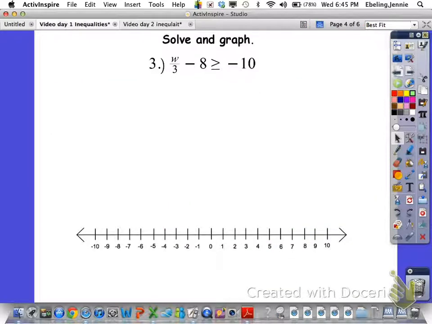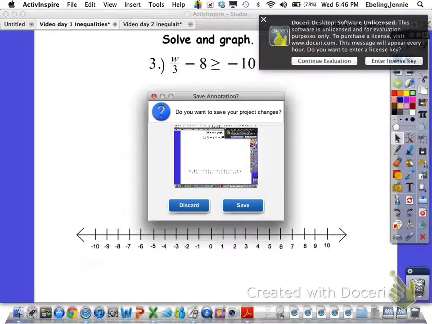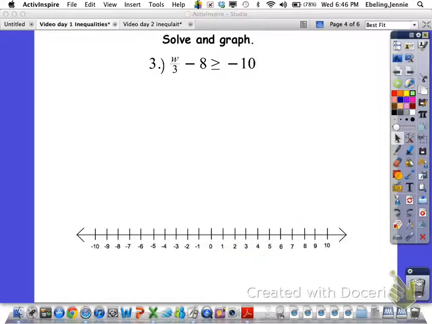I just have a couple more examples, and here's the third example that we want to take a look at. We want to solve and graph this. So I have w divided by 3 minus 8 is greater than or equal to negative 10.